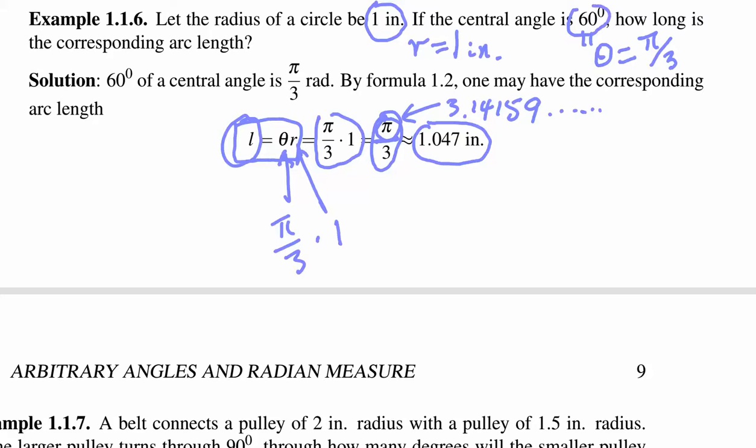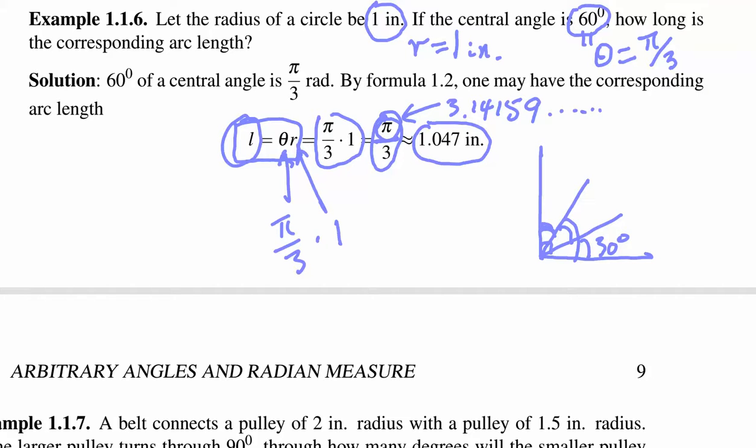So when the angle is 60 degrees, how big is 60 degrees? This is 90 degrees. And then you divide that into 3 equal parts. Each one will be 30 degrees. This is also 30. So this part will be 60 degrees.